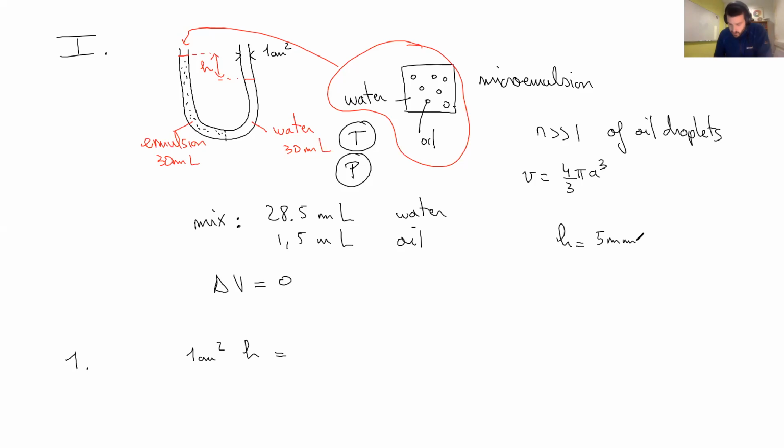Okay, so you end up with 0.5 centimeter cube here, or milliliters.